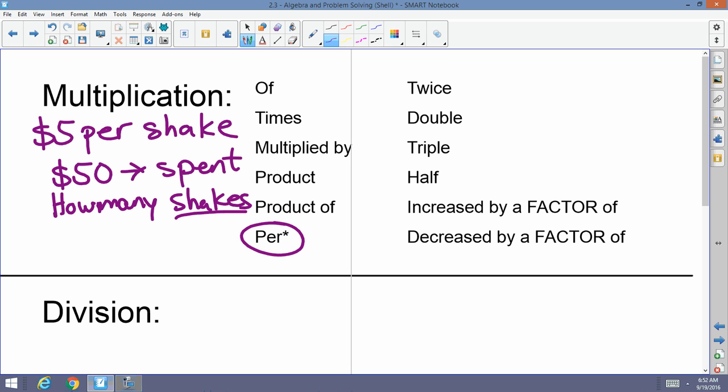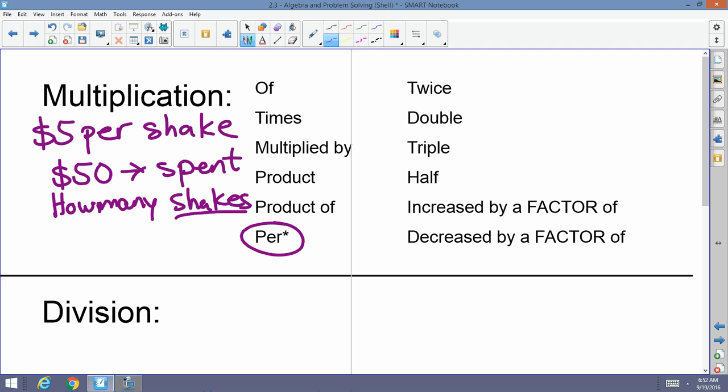So in this particular case, pretty simple word problem, but I just want you to understand how the word per can work here. If it's $5 per shake and you spend $50, you want to know how many shakes you purchased. Well, I know everyone knows it's 10, but why?